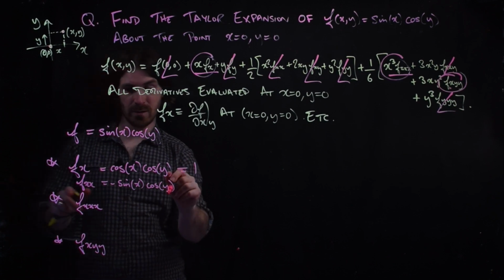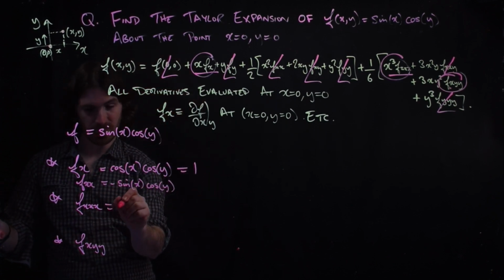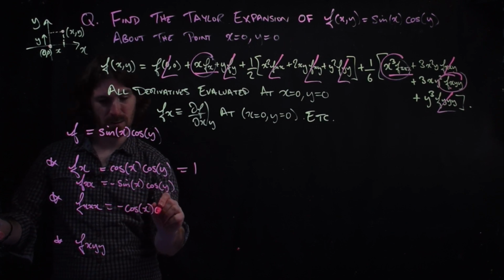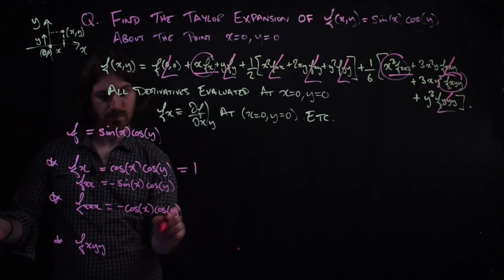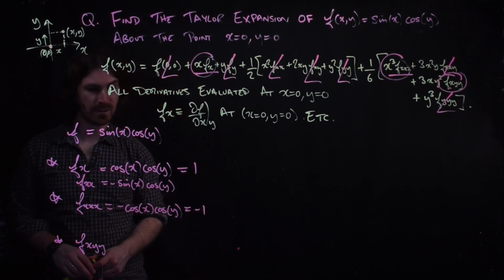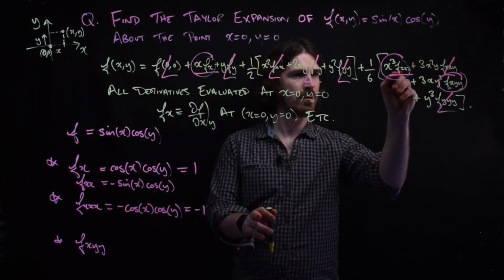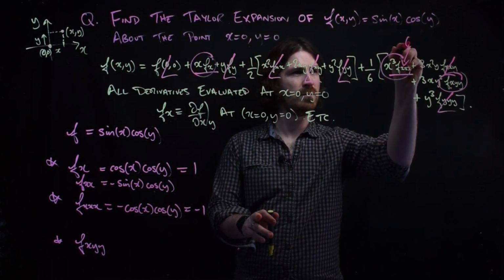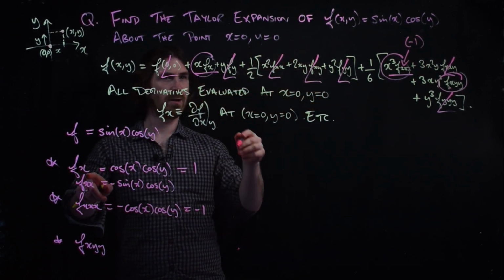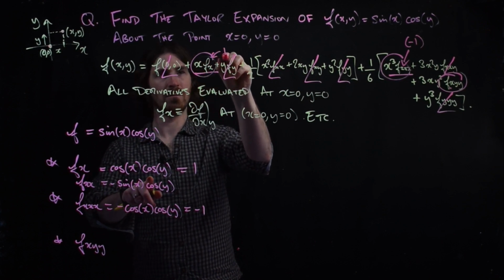We don't need to evaluate it here, we go straight to the third derivative. So this is minus cosine x cosine y, which is minus 1 when x and y are 0. Okay, so this term gives us a minus 1. fx, which is this term, gives us a 1, plus 1.